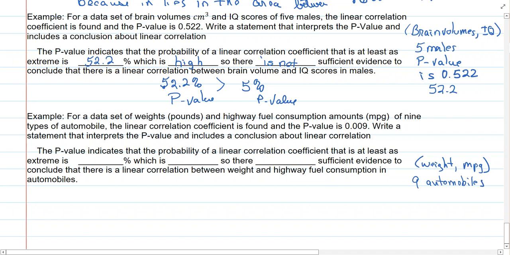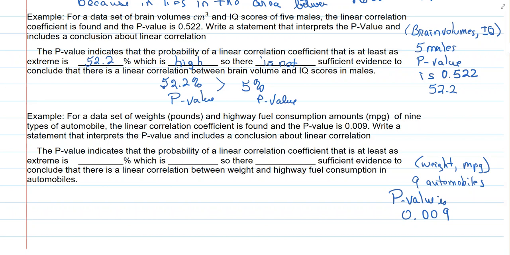The linear correlation coefficient is found, and the p-value is 0.009, just 9 thousandths. Write a statement that interprets the p-value.